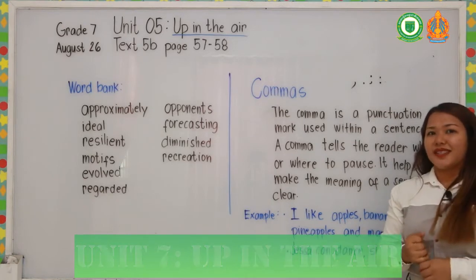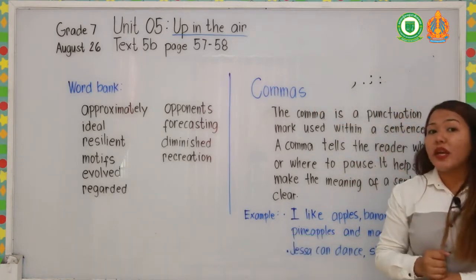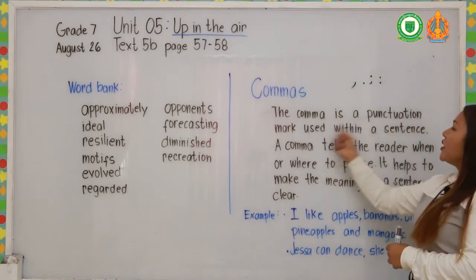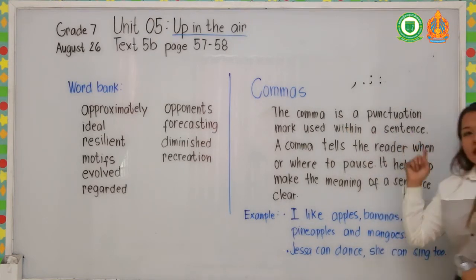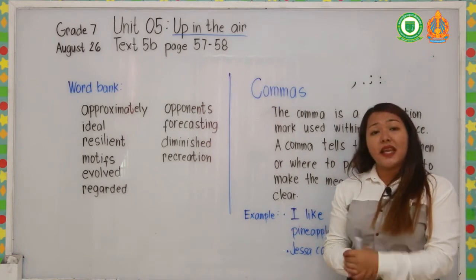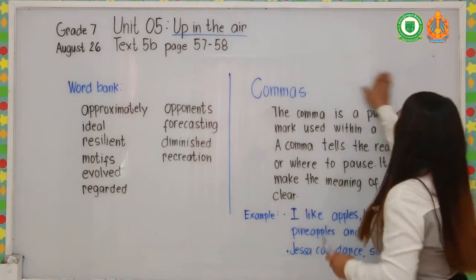So commas, we call it a punctuation mark, and the comma is a punctuation mark used within a sentence. Within a sentence, meaning inside a sentence. So let's see what it means.